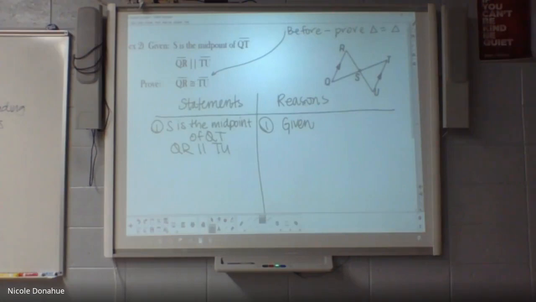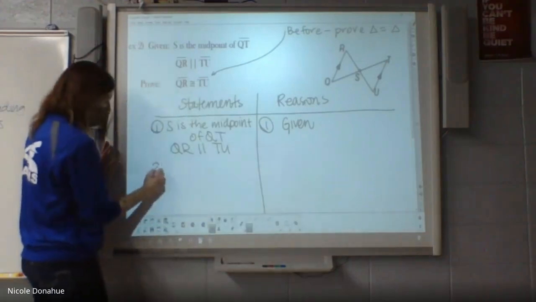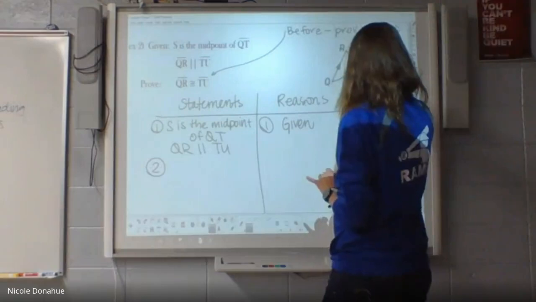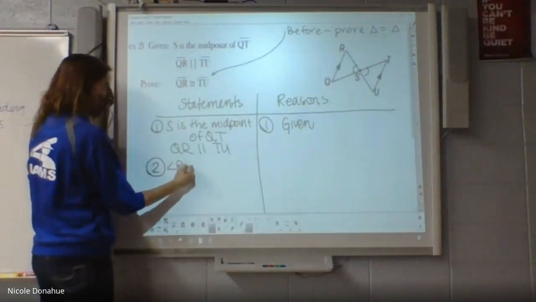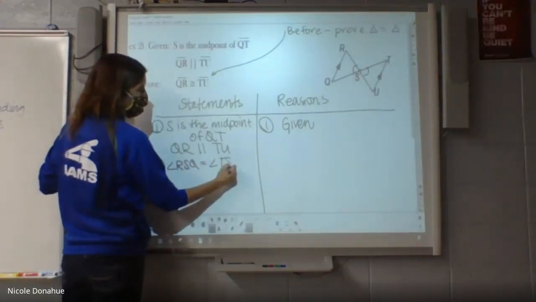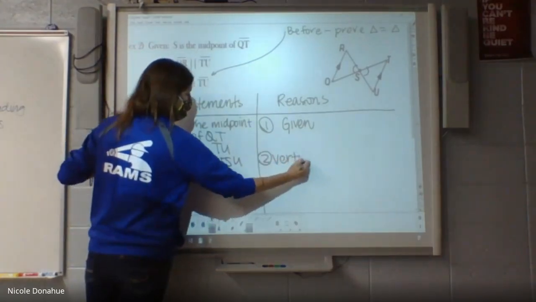There are vertical angles, so that doesn't talk about the midpoint, but sure, we can use the vertical angles. So I'm going to write that down. Lena mentions there's vertical angles here. So those two angles are going to be equal. So angle RSQ equals angle TSU, vertical angles.